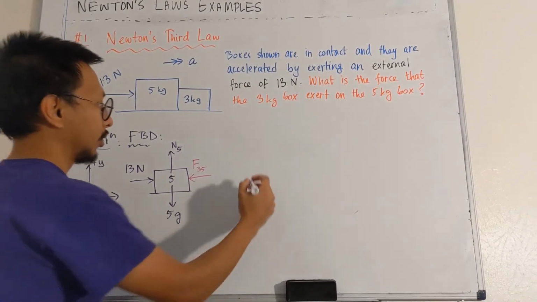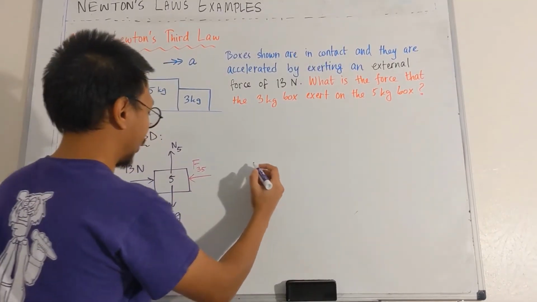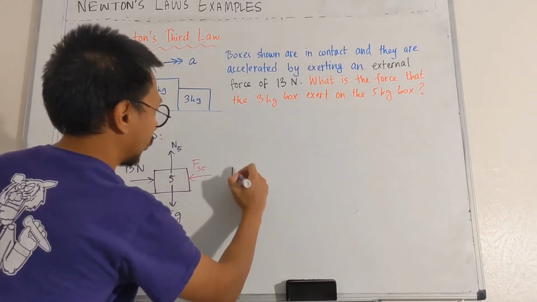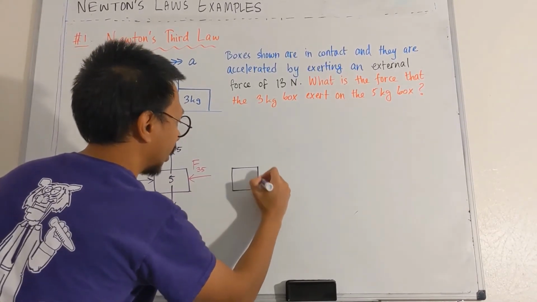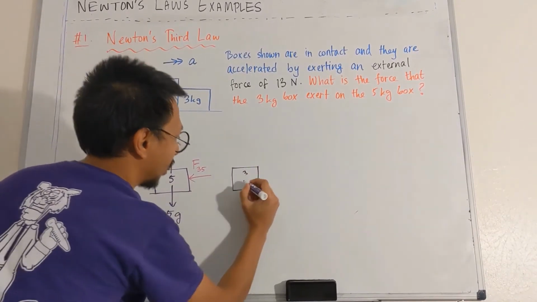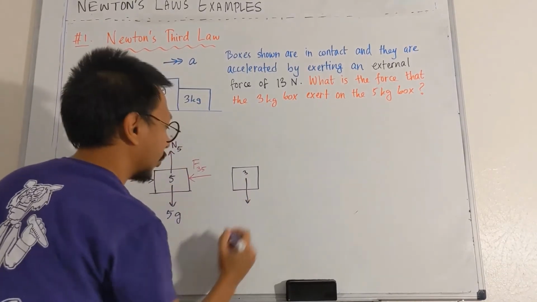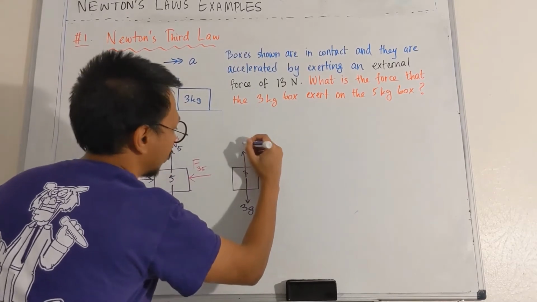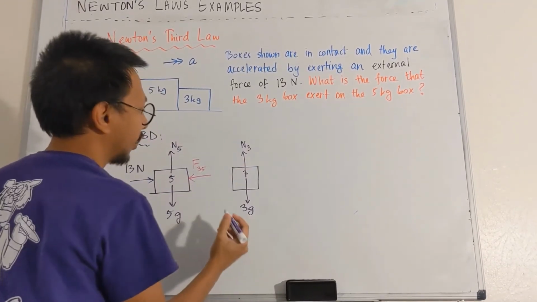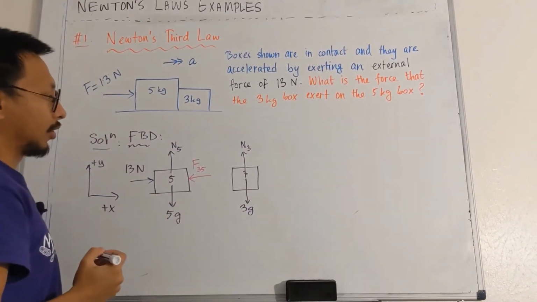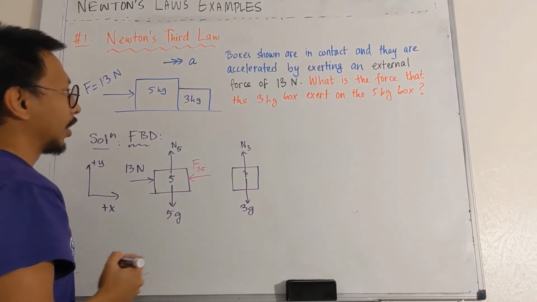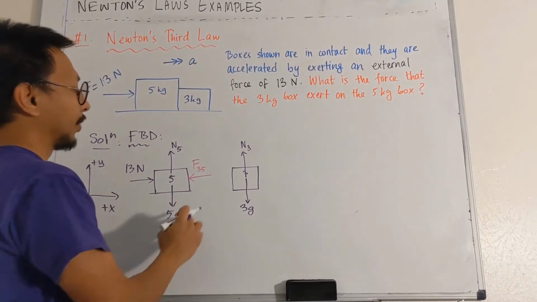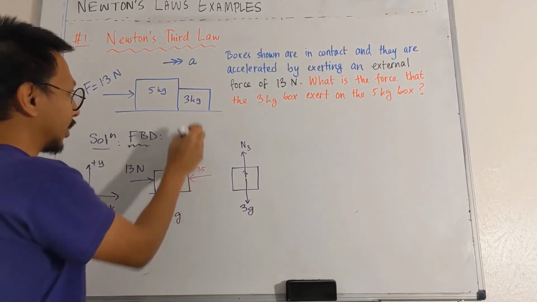Now let's draw the free body diagram for the other box, the 3 kilogram box. Let's call this box 3. What are the forces on it? We have the weight, 3 times g, and then we have the normal force. Let's call this N3. And what else? What are the other forces we have? We are ignoring friction, by the way. And so it is in contact.